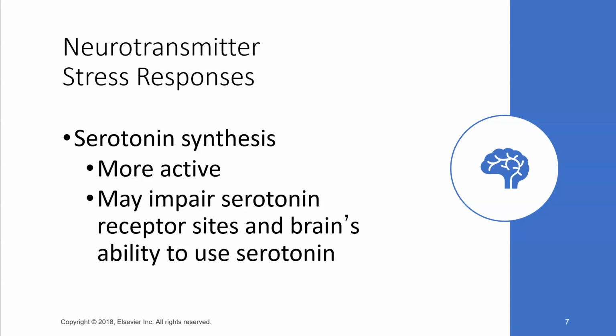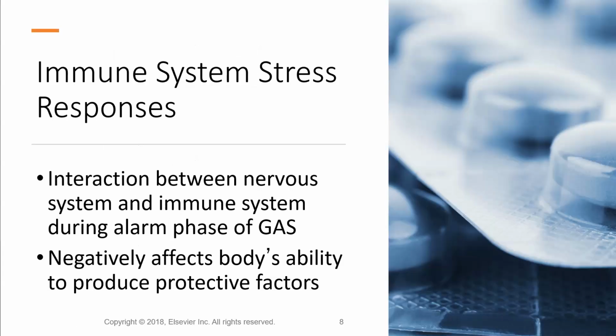During times of stress, serotonin production becomes more active. This stress-activated turnover of serotonin is mediated by corticosteroids. Research believes this activation may dysregulate or impair serotonin receptor sites and the brain's ability to use serotonin. So we see a whole lot of different implications.